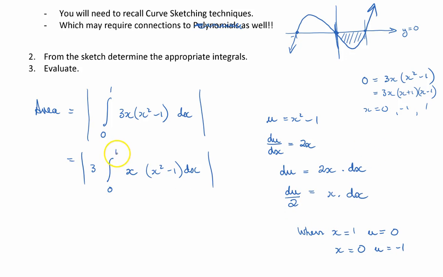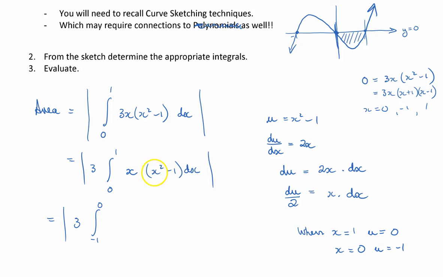When x is equal to 1, as it indicates here, then u will be 1 squared minus 1, which is 0. And when x is 0, 0 squared is 0, minus 1 is minus 1. So my new integral becomes 3 times the integral, going from minus 1 to 0, of x dx.